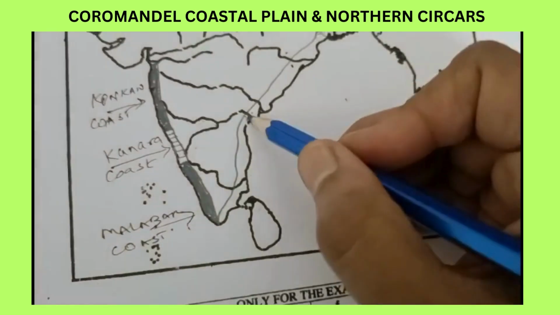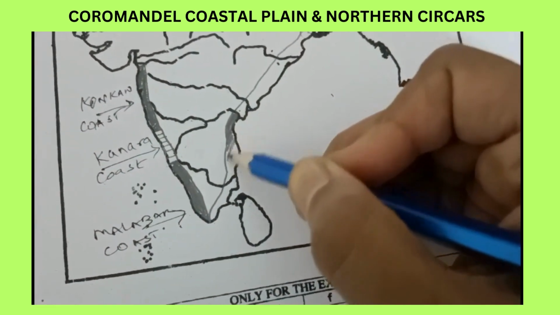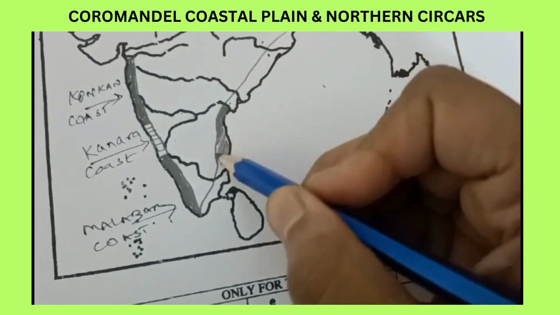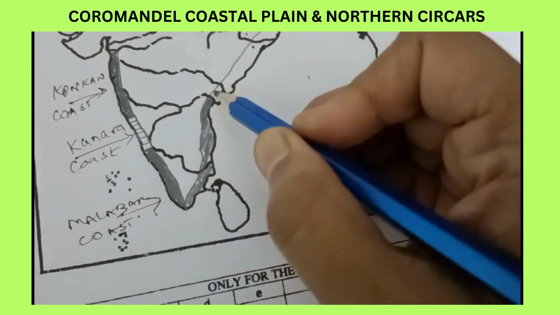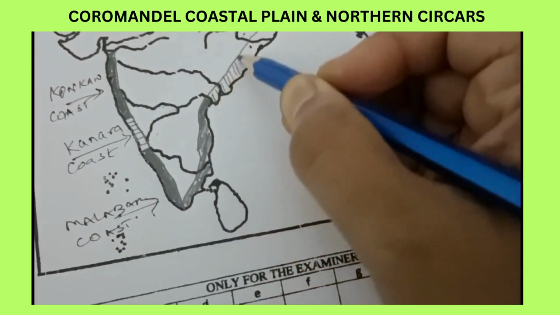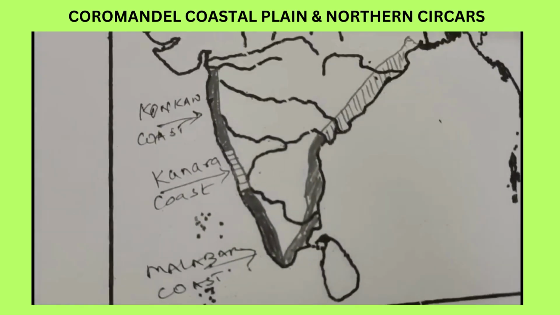Now what we'll do? Below Krishna you can give the shade. Below Krishna you can give solid shades, as I call them. And above Krishna you will give a different shading. This is how it will look.